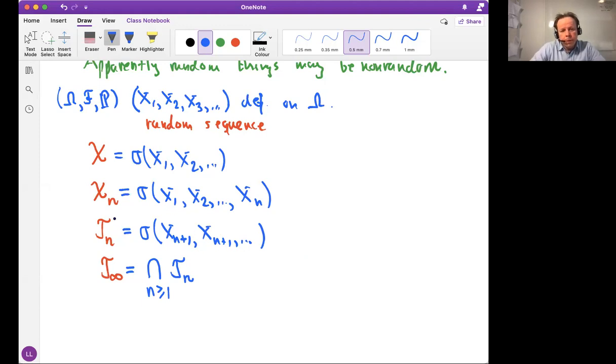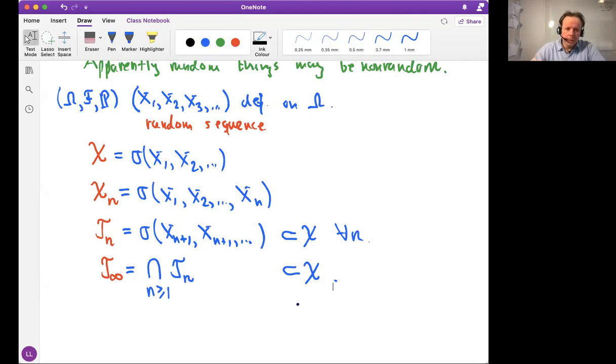If you compare Tn to X, the full one, we know that Tn is contained in X for every n, because X is a sigma algebra which makes all random variables measurable, while here we only require the smallest sigma algebra which makes the remaining random variables measurable. So this inclusion is true for every n. That's why the intersection is also contained in calligraphic X. That's the first inclusion.